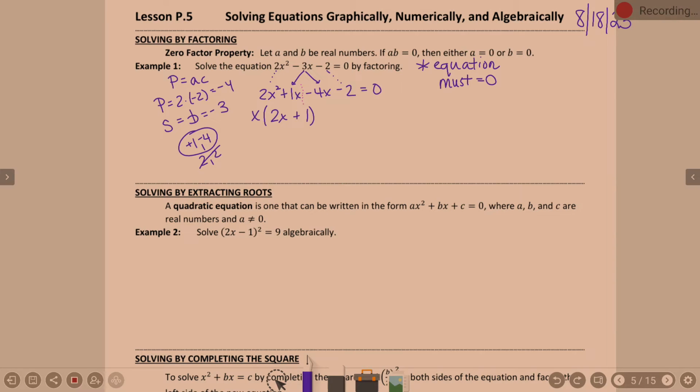Then minus 4x minus 2. What can we factor out there? 2, but we need to make it a negative 2 because this first number is negative. When that first value is negative, factor out a negative. So negative 2: negative 4x divided by negative 2 is positive 2x, and negative 2 divided by negative 2 is plus 1. Still equals 0. Notice what's supposed to happen here. The parentheses are supposed to match. What does my factoring look like then?